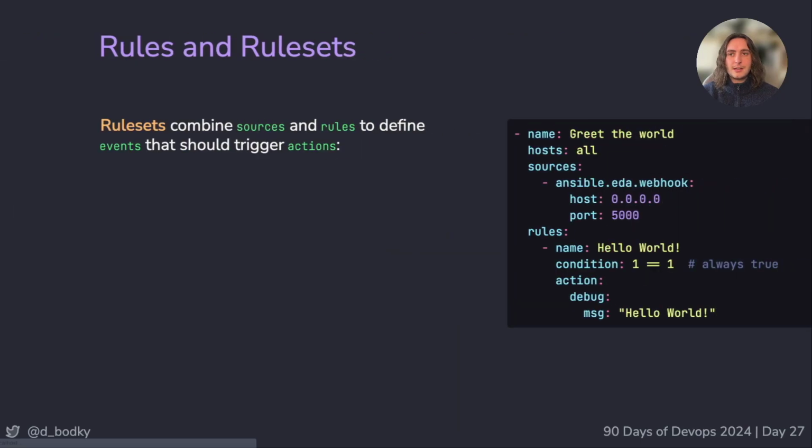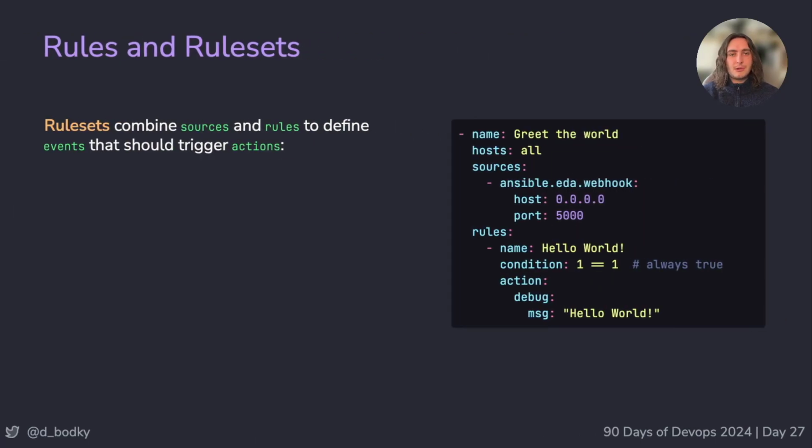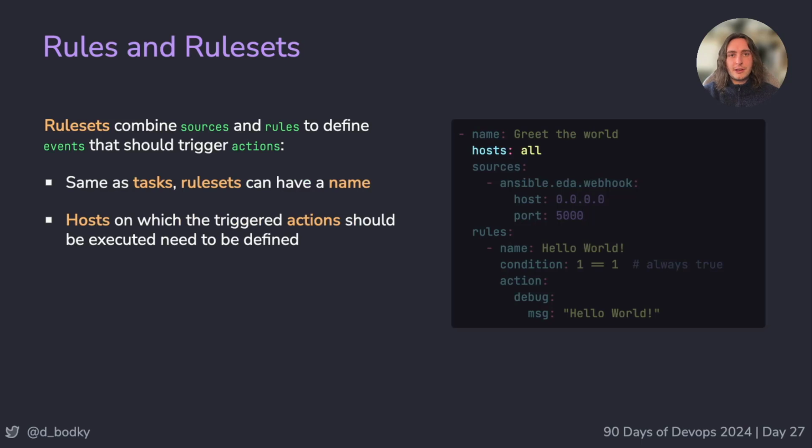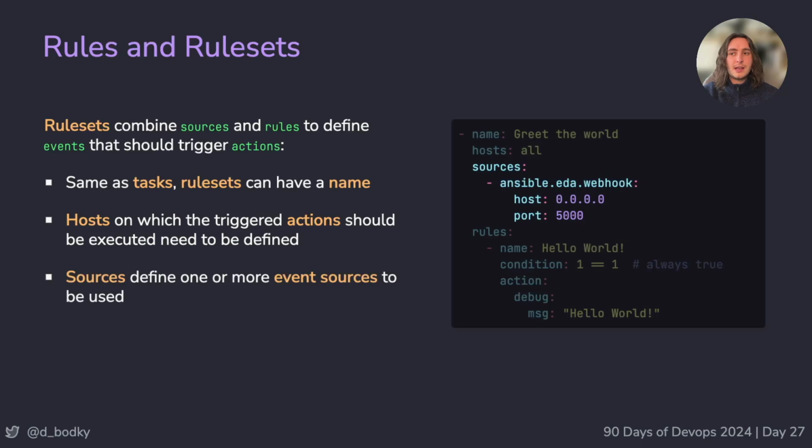If we now look at rules and rule sets a bit more in detail, we can see that they are quite similar to our plays and playbooks in traditional Ansible. So rules are a set of sources, events, and actions that combine into event-driven Ansible runs, so to say. Same as tasks, they can have a name, and they can define a scope of hosts that will be affected by triggered actions. And then we need to define sources. This is actually where our webhook configuration takes place.